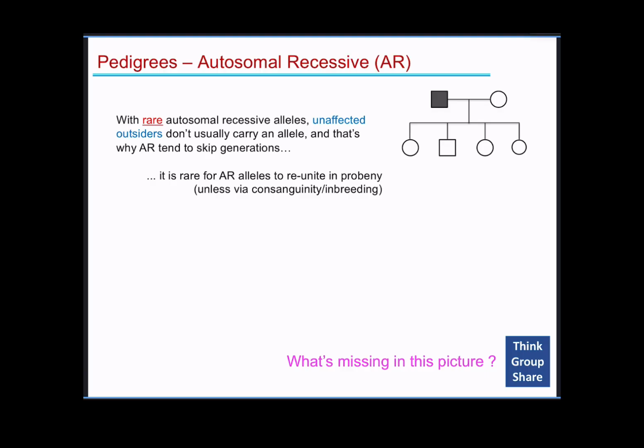And it is actually rare for them to reunite in future generations unless there is some sort of consanguinity. So with rare autosomal recessives, once it skipped a generation, it will never come back, for that family tree at least, or for that family lineage. It's rare that they come back, unless via consanguinity breeding.